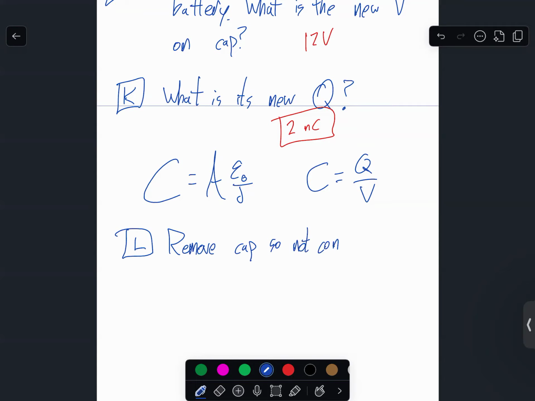This is not just what does the equation say. You have to think about a capacitor is made up of two metal plates separated by an insulator. What do you know about the nature of static electricity?